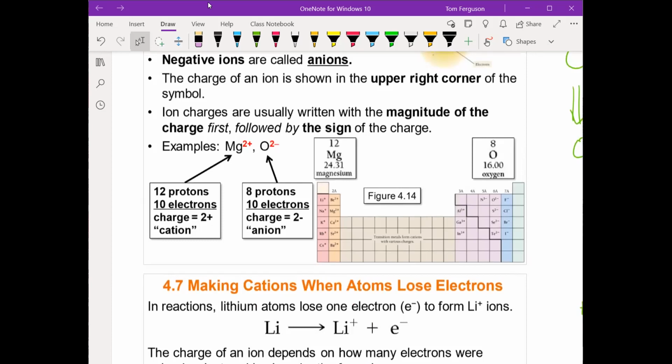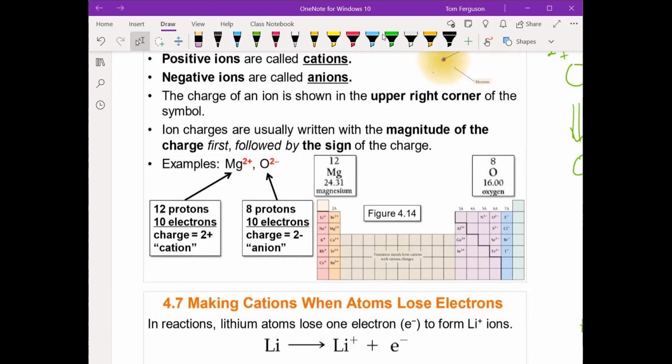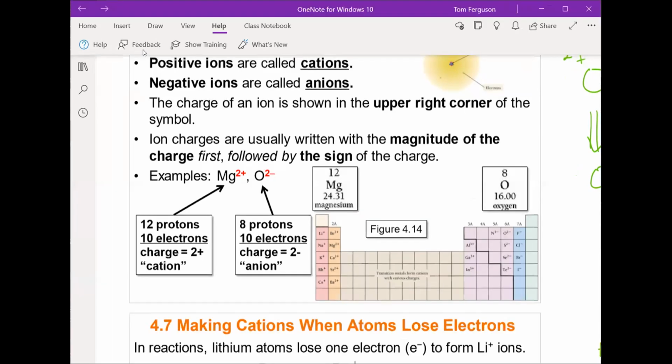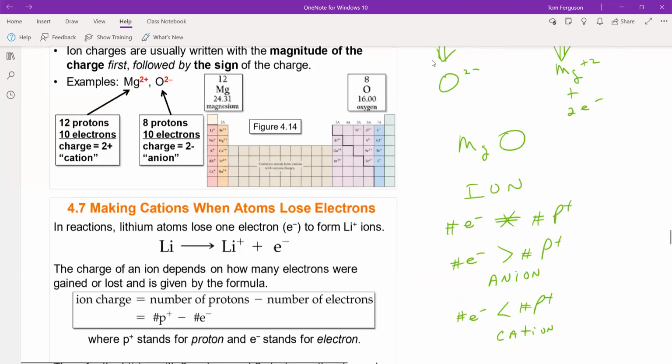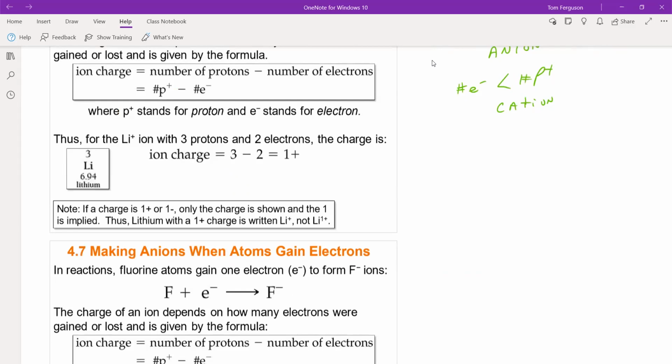So let me show you how. Okay, so let's look at, let's say, lithium.